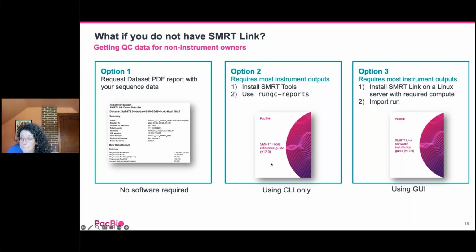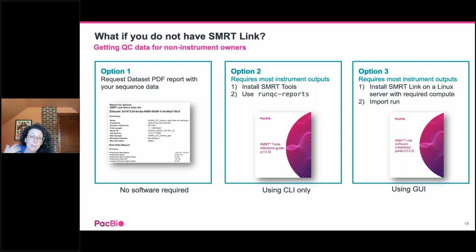Probably the lighter weight option, if you do want your own tools, is to go with the command line only option of SMRT Tools. However, you are going to require most instrument output files from that. So you'd install SMRT Tools, and then the tool you want is Run QC Reports, the command line tool. And then the third option, which again requires most of the instrument output files, is installing SMRT Link on a Linux server with the required compute.